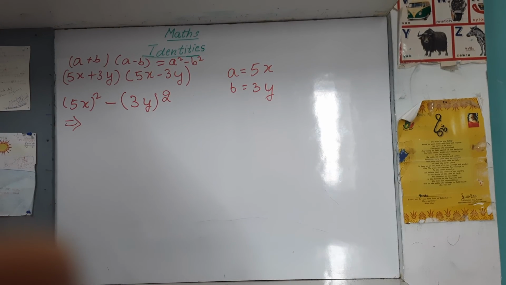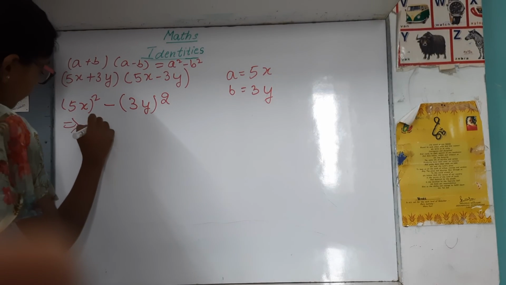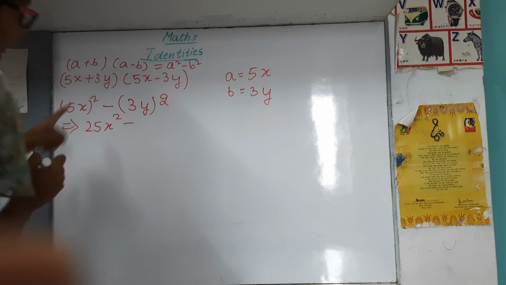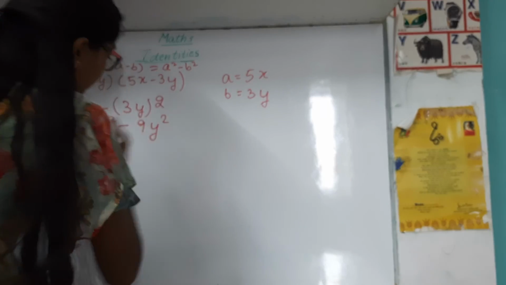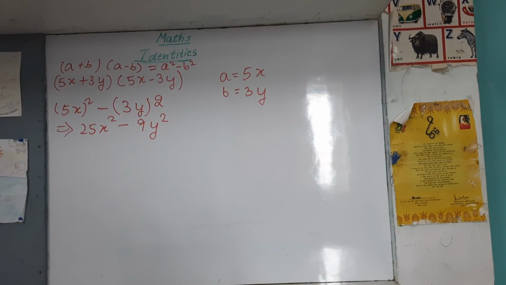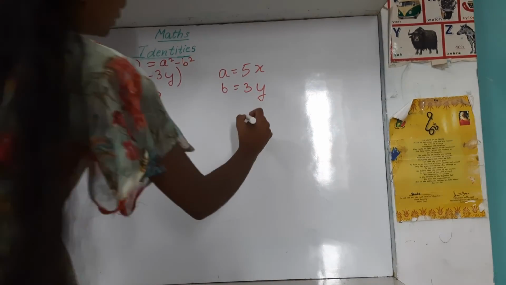Now let me solve this. 5 5s are 25x square minus 3 3s are 9y square. So we have to do 25 minus 9. Let us do it in the rough column.